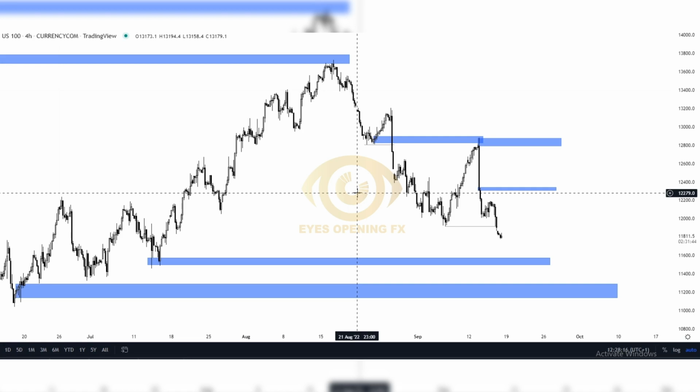Since there's weakness in DXY, we'll be expecting a reversal soonest. But until technical analysis tells us that we are bullish, we are bearish on DXY, we will not change our bias yet. So that is that on DXY.